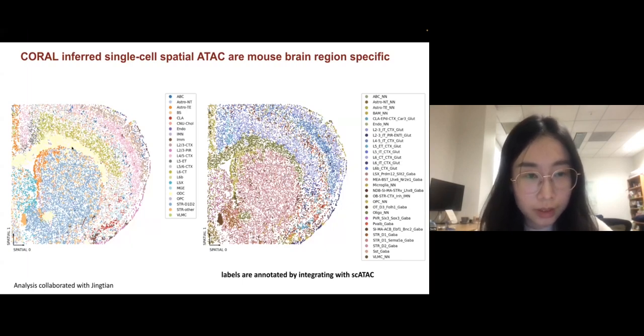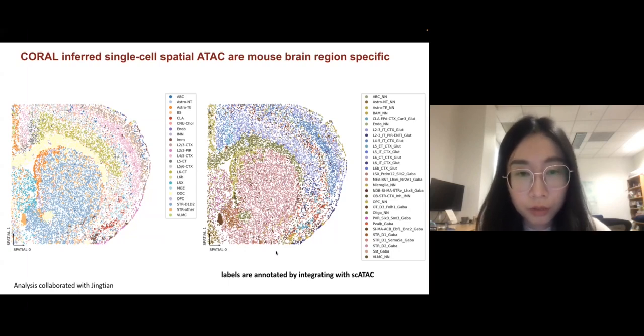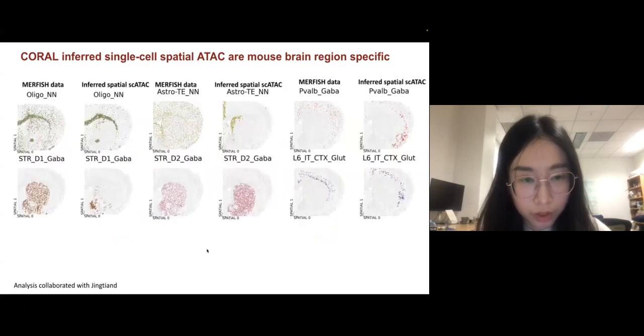For example, this is the major cell types identified, and this is the fine-grained cell types identified. The labels here are annotated by integrating with the single cell ATAC. So we'd say the inferred single cell spatial ATAC is biologically relevant, because it nicely indicates the cortex regions and also the GABAergic-enriched regions.